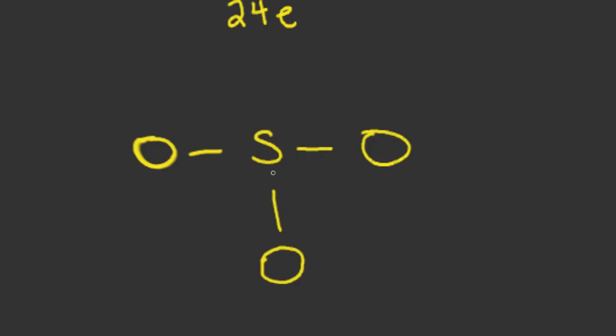And right away you should notice that sulfur doesn't have a complete octet, so you could either try getting a lone pair added here and then adding lone pairs everywhere, or add a bond. Those are your choices.